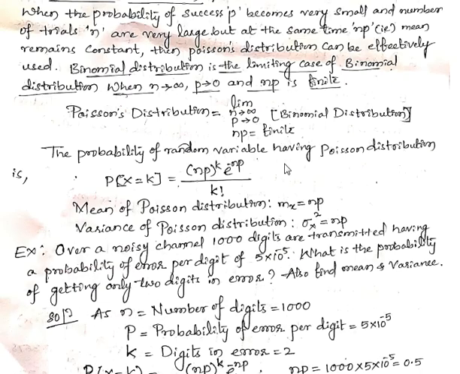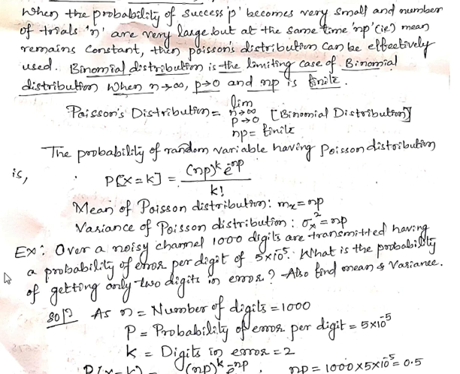So let's see a problem on Poisson's distribution. For a noisy channel, 1000 digits are transmitted. In the case of the binomial distribution, we considered a similar problem wherein 5 digits were transmitted, but here it went to 1000. So the number of digits is more here. The probability of error per digit is 5 into 10 raised to minus 5.